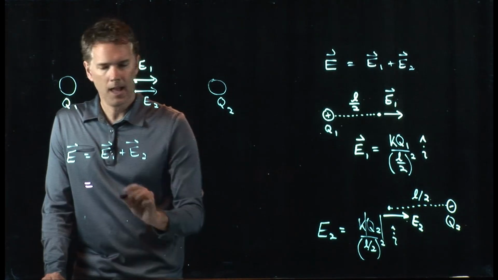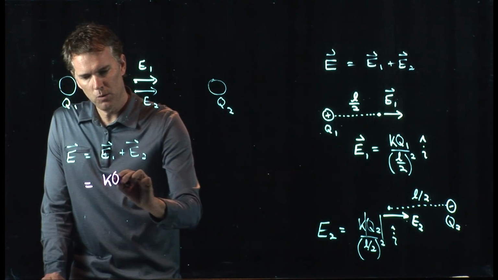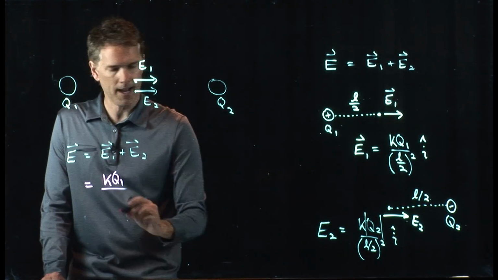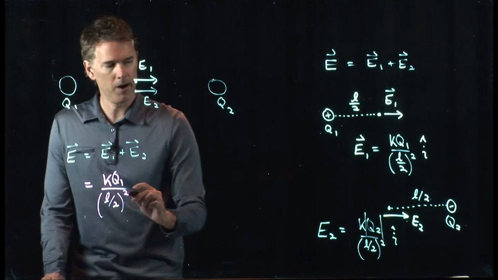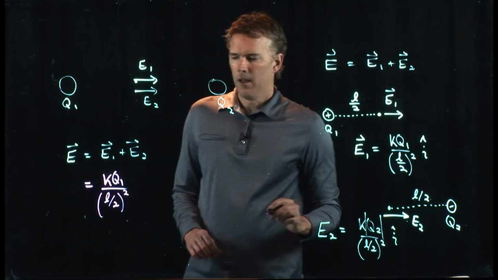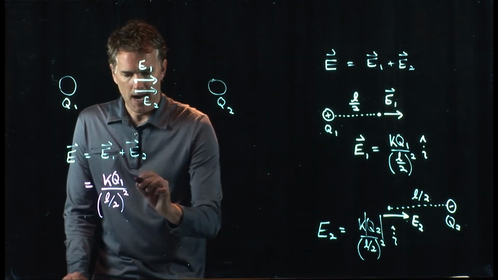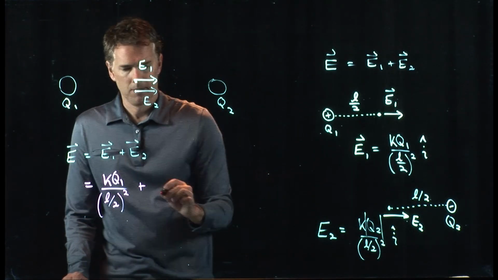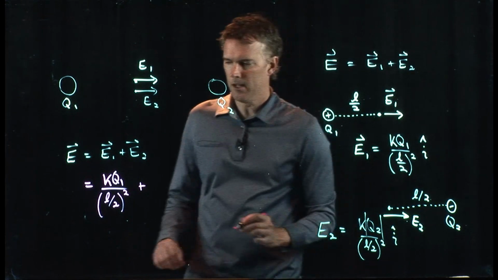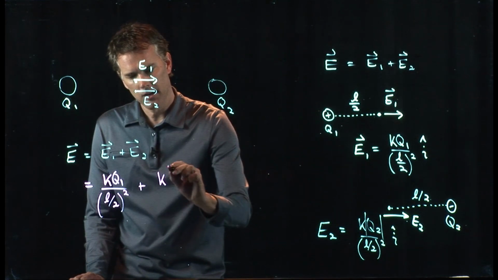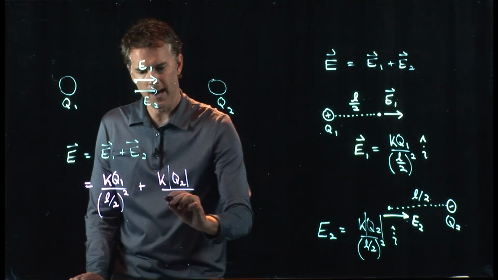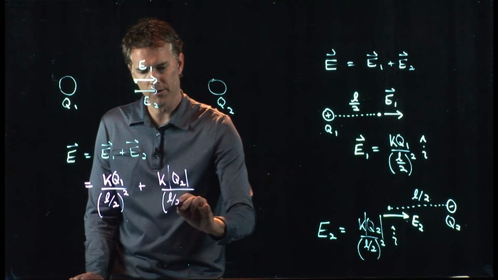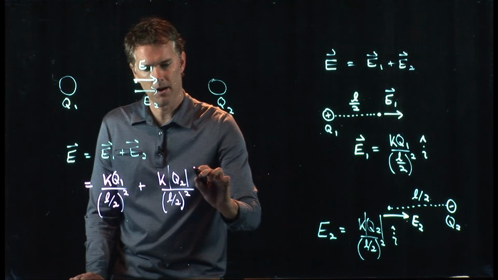E1 is K Q1 divided by L over 2 quantity squared, in the I hat direction. E2 is K times the magnitude of Q2 divided by L over 2 quantity squared.